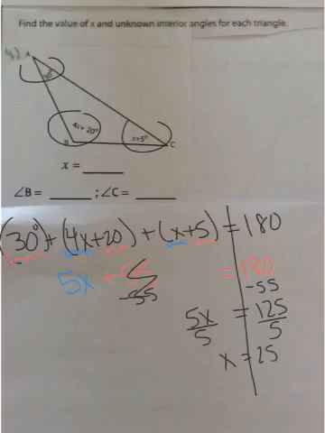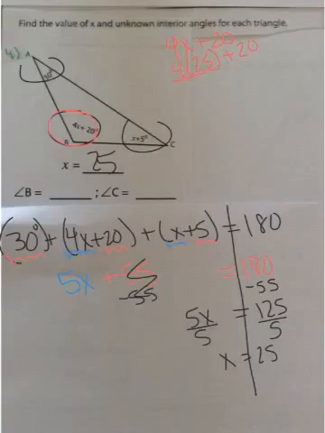So our x is 25, but now we actually want to know what these angles measure. So if we look at angle B is 4x plus 20. I'm going to come up here to the top. And we know that x is 25. So we're going to fill in 25 where the x is. And then we're going to simplify.